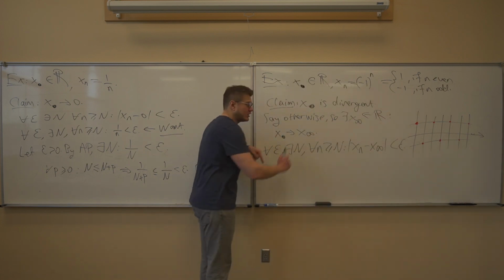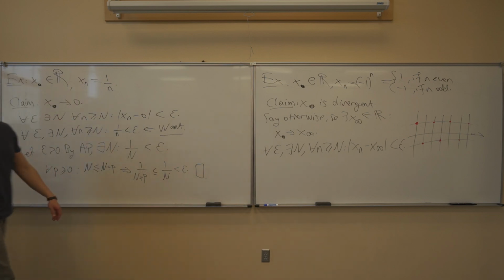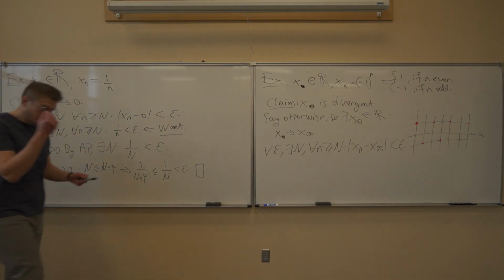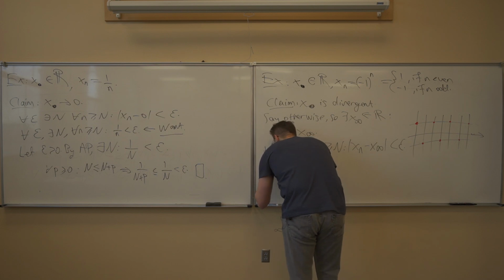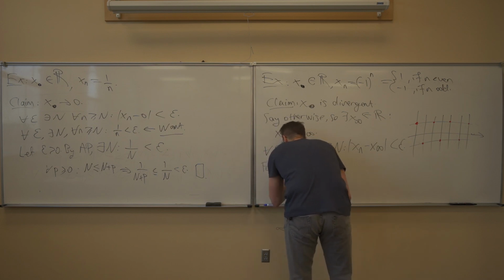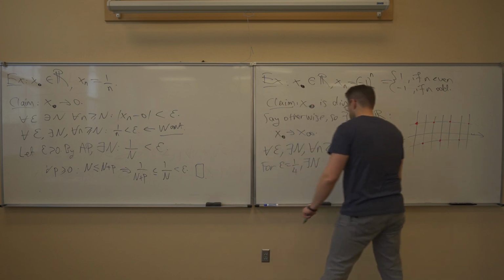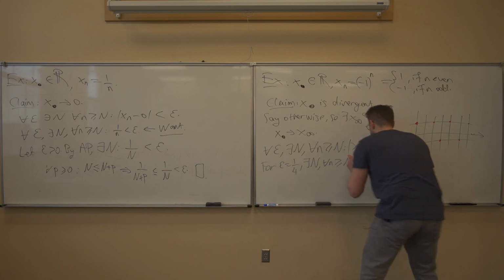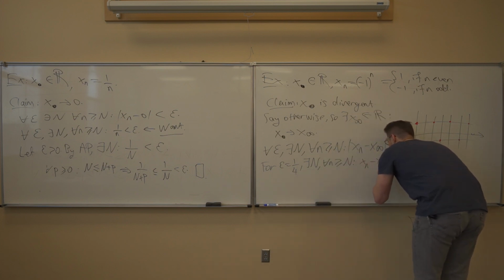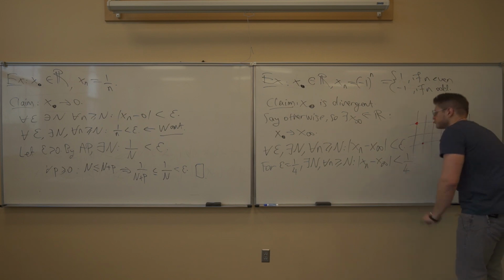If for all epsilon this is supposed to happen, for epsilon equals 1/4, it must happen. So I get to choose specific things. So there's a capital N such that for any n after capital N, x sub n minus x sub infinity is bounded by 1/4.